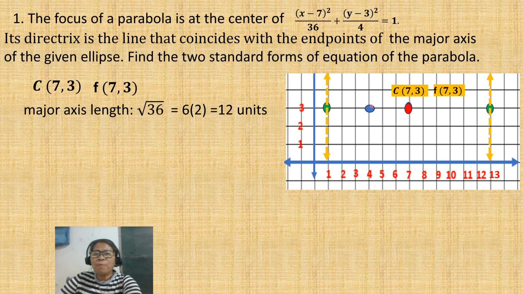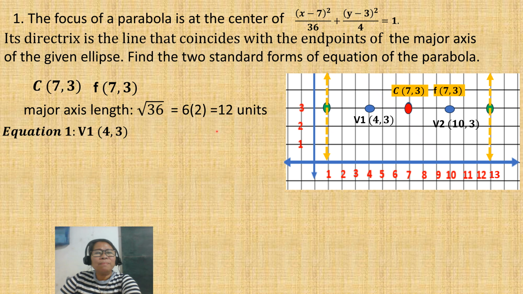So therefore, this point refers to the vertex 1 of a parabola, and then at the same time we need to have another vertex, because since there are two endpoints, there are also two directrices. So we are going to look for the vertex 2 and described by 10, 3 as our coordinates, and our vertex 1 coordinates will be 4, 3.